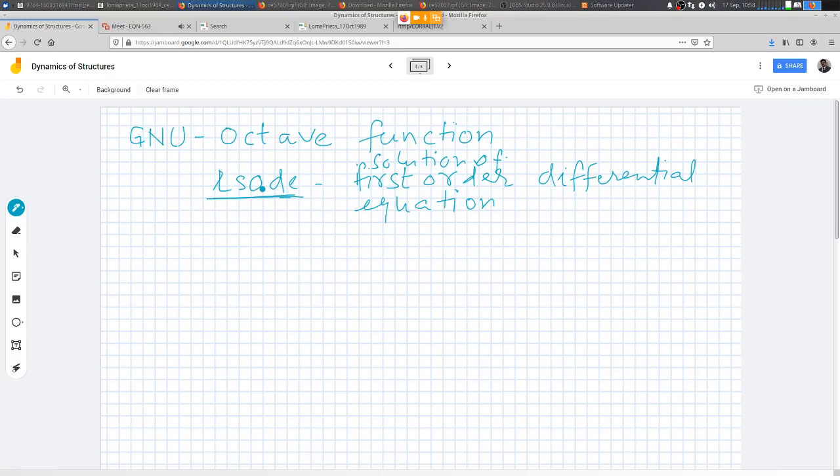So you need to transform your problem into a form which can be handled by this tool, right? You have a second order differential equation, and you have a solver which can handle first order differential equations. So how do you go about it? Any ideas?